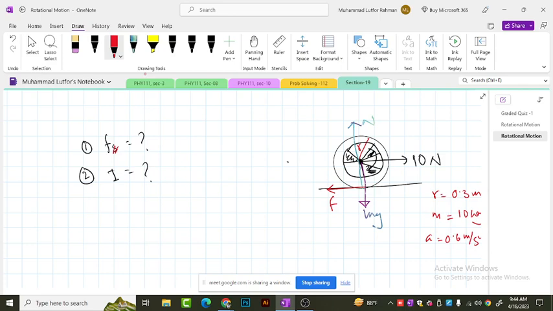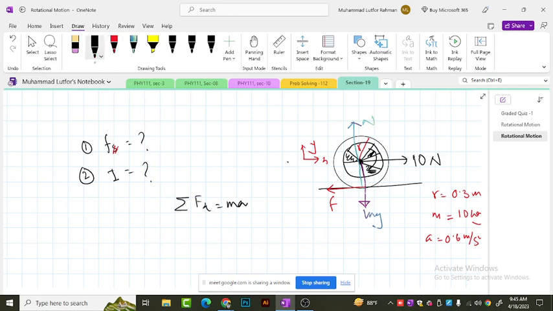Fine. So if I want to find the frictional force, I will take this as my reference axis. I'll write that the net force along the x direction must be equal to ma, right?